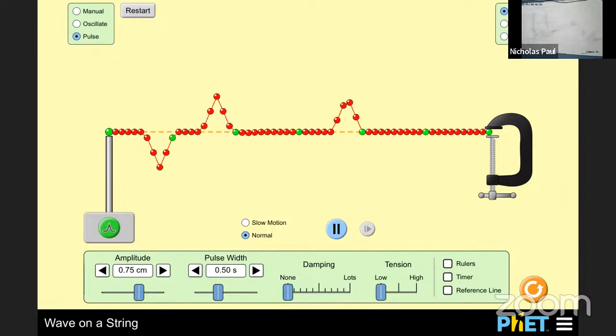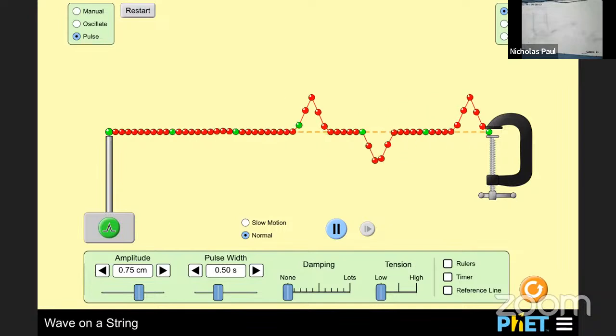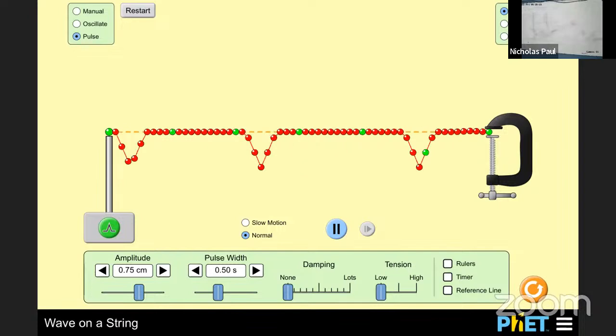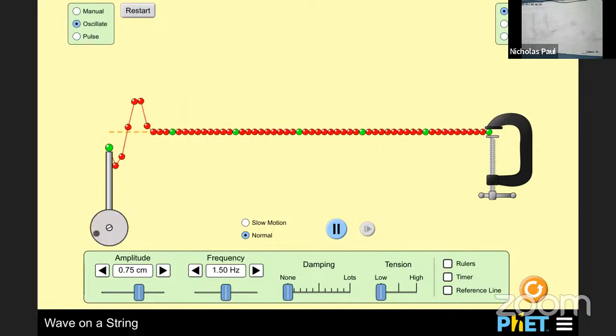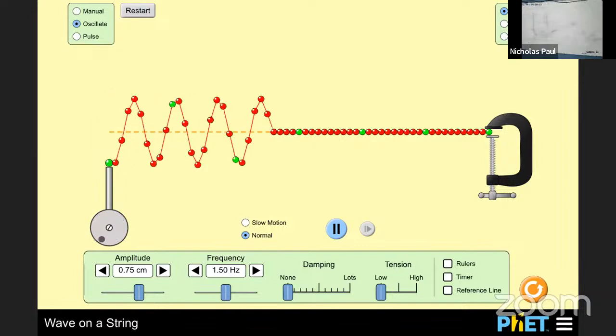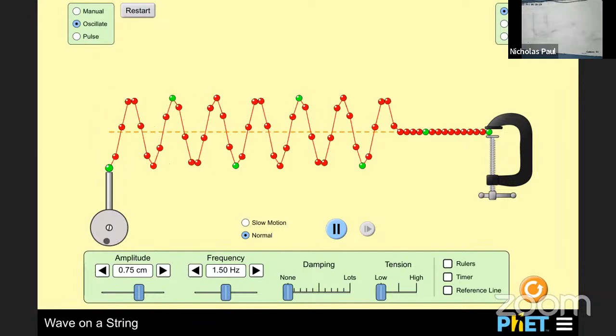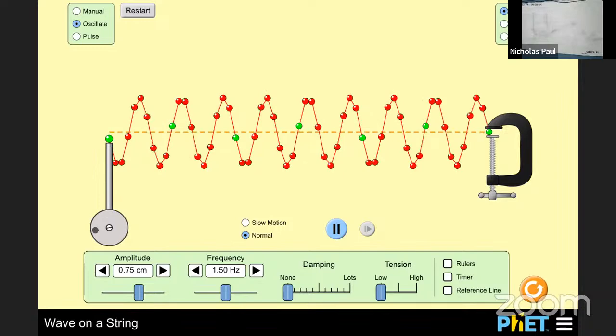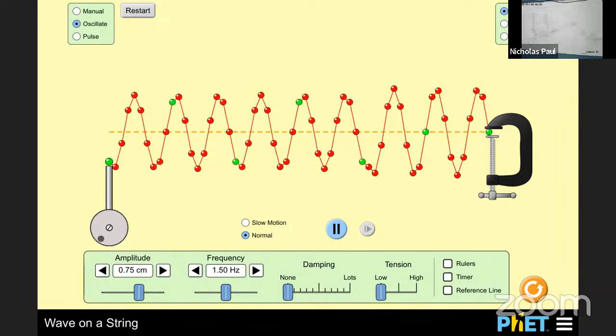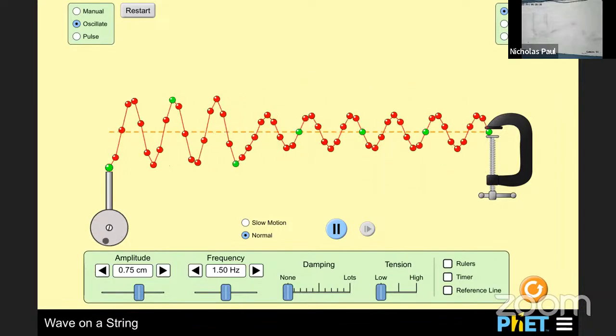When those two waves interact, there is a bit of superposition. It's a little delayed for some people, right? But what you see happening there is the superposition of a wave. Let's take a look at the oscillating now. When the oscillating wave hits the fixed point, it will reflect. You're seeing a larger wave being produced there.